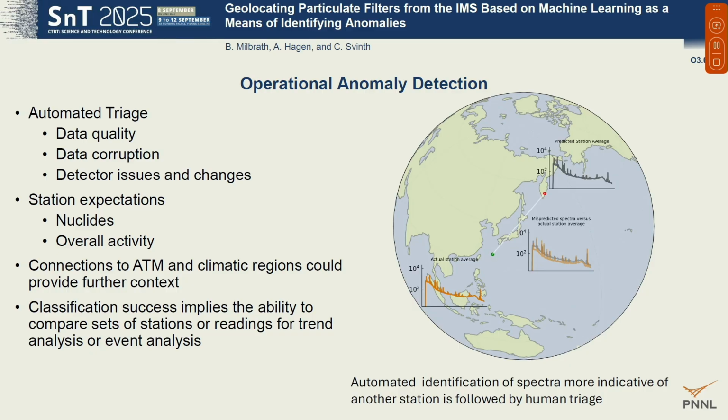I think with a little more work there's something interesting there, because we saw that neighboring stations were often confused with one another. With some study connecting to atmospheric transport and climatic regions, there will be further interesting things.